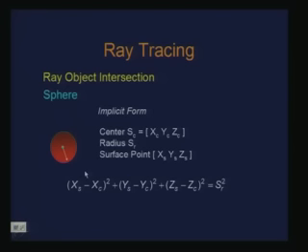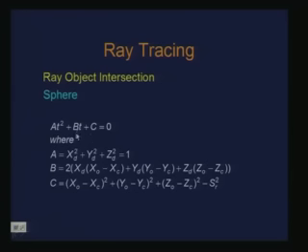So, now obtaining the intersection of the ray with sphere turns out to be substituting the equation of the ray into this equation and solve for t, right. That is what it becomes. So, this actually gives you a quadratic equation in t, right.